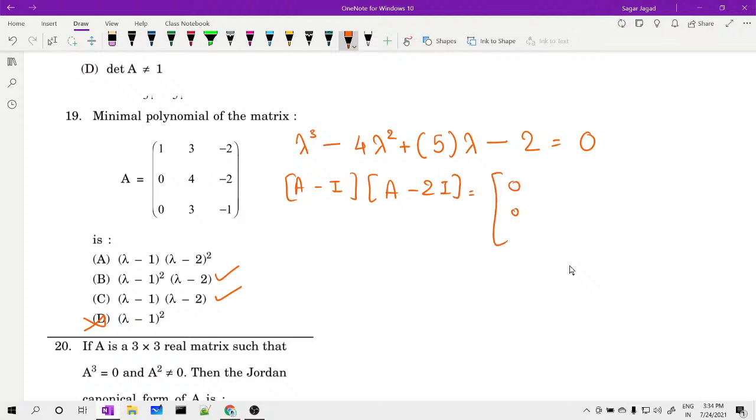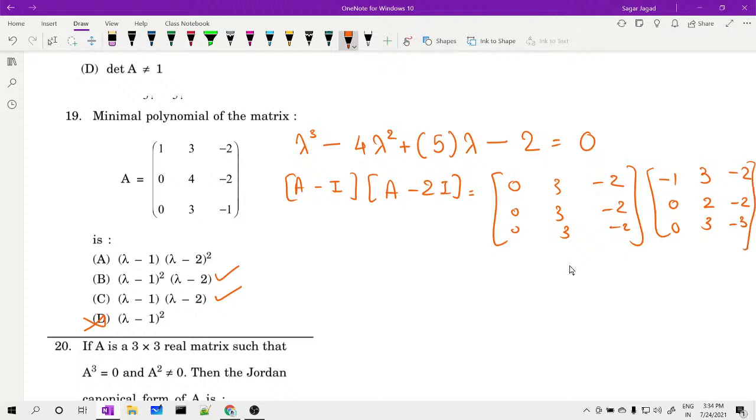It is 0 0 0, 3 3 3, minus 2 minus 2 minus 2. And what is A minus 2I? It is minus 1 0 0, 3 2 3, minus 2 minus 2, and the last entry should be minus 3.